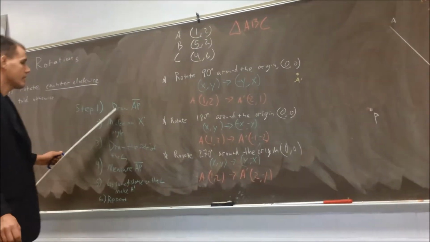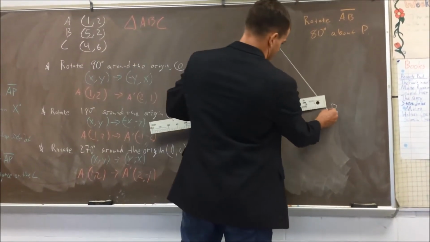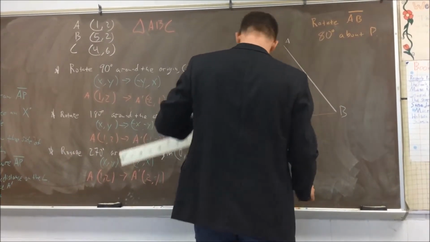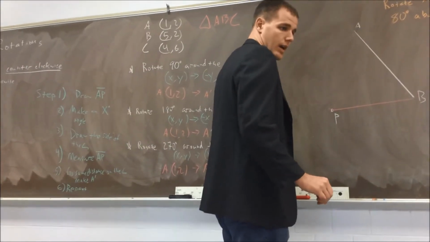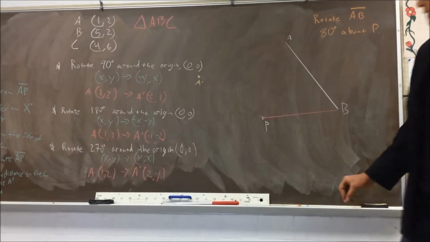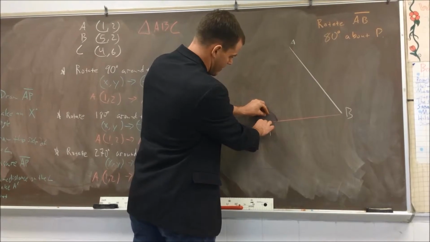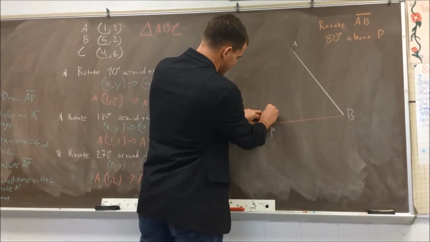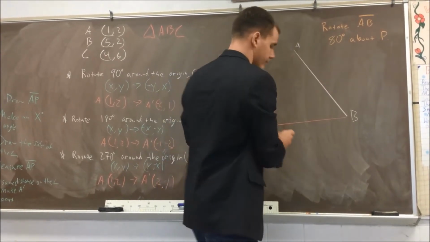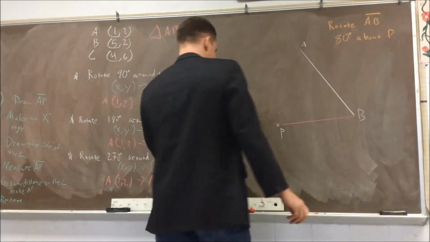Step 1. Instead of AP, I'm going to draw BP, just like the gas station. I'm going to make an 80 degree angle again. So put that right down there, put the center vertex, go there, go up to 80, right there. And I'm going to draw that line.